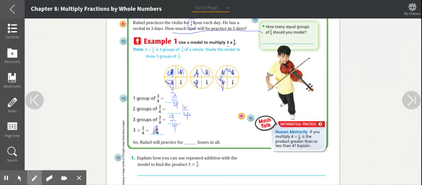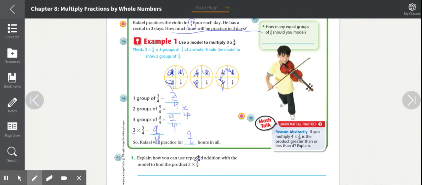And just like I was saying in the video for Monday, I have my whole number 3 times my numerator 3 to get me my 9, and we keep our fourths because everything is still cut into fourths. That's why we're not doing anything to our denominator. Okay, so 3 groups times 3/4 would be 9/4.